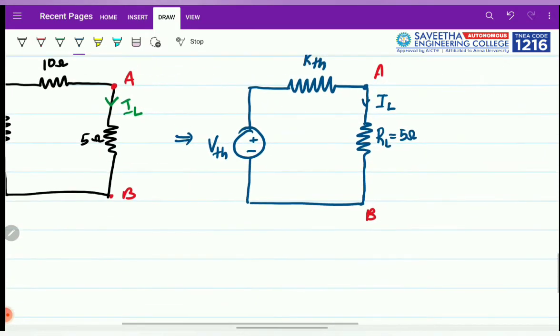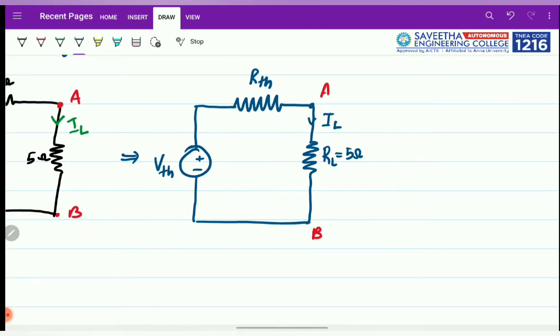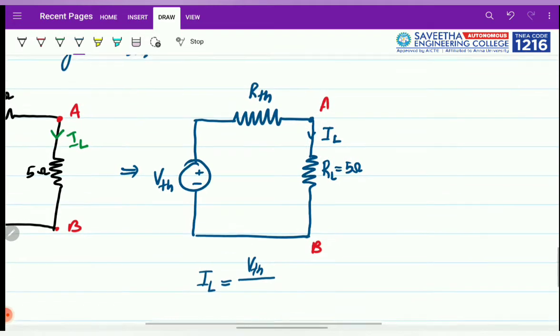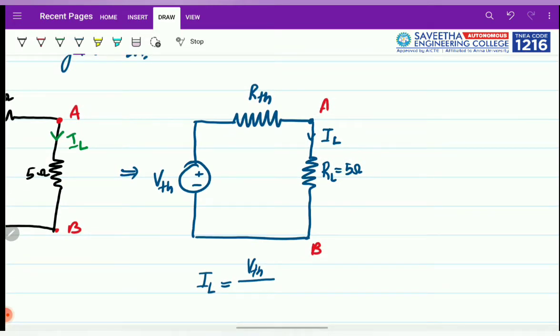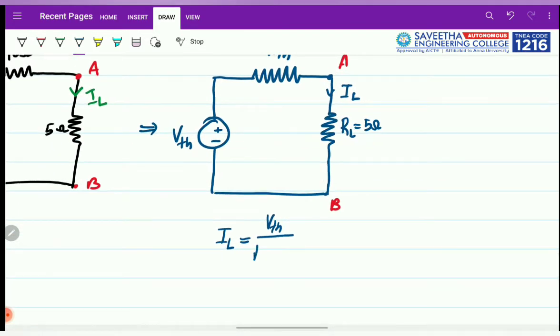And from this diagram we can write the equation for the load current: IL is equal to, by Ohm's law, it's very clear, voltage divided by the total resistance. So here the voltage is VTH divided by the total resistance. Here you can find RTH and RL are in series, so we'll take it as RTH plus RL. So from this circuit we will be able to obtain the final value.